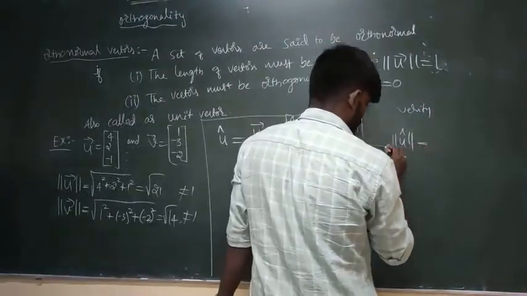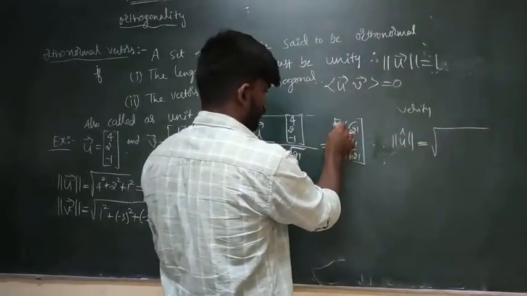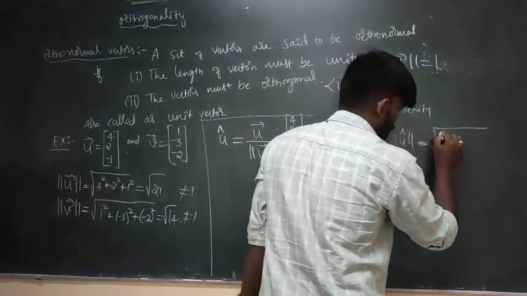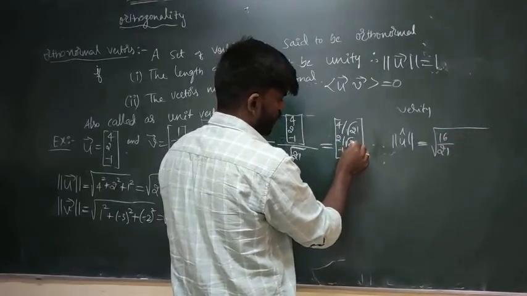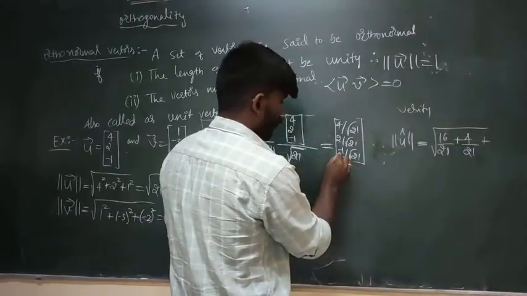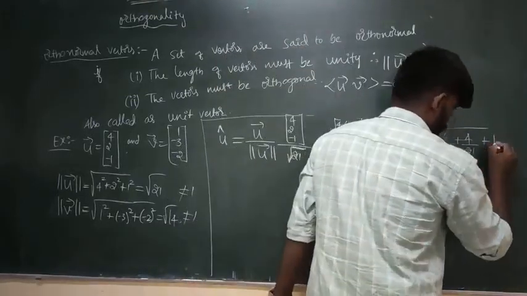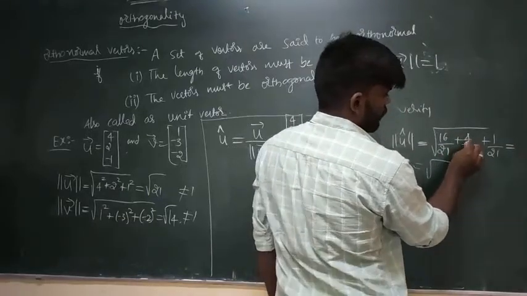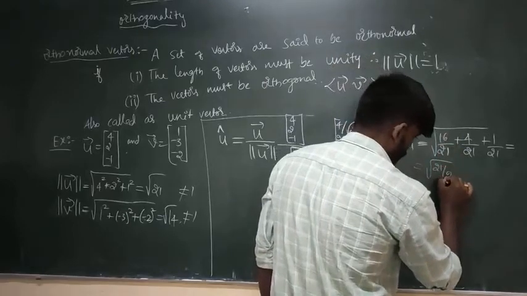This is the verification: the sum of squares of each element. 4 square by root 21 square means 16 by 21, and 2 square gives 4 by 21, plus (-1) square is 1 by 21, which equals 16 plus 4 plus 1, that is 21 by 21, which gives 1.